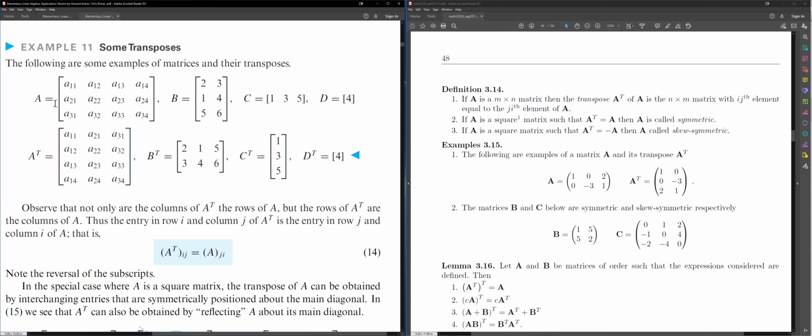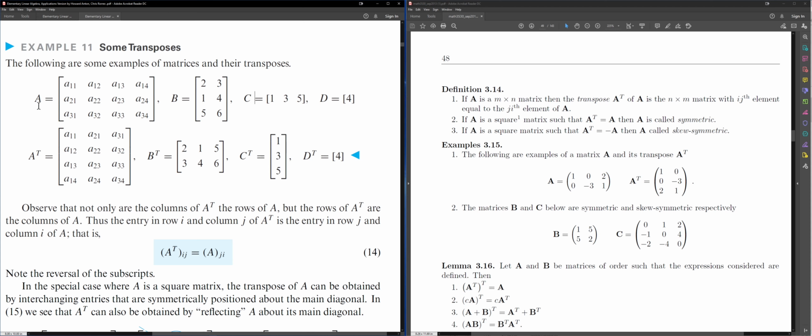The number of rows of A transpose is going to be equal to the number of columns of A. So you have 4 rows in A transpose, and that's equal to the number of columns in A. Similarly, the number of columns in A transpose is 3, and the number of rows in A is 3.